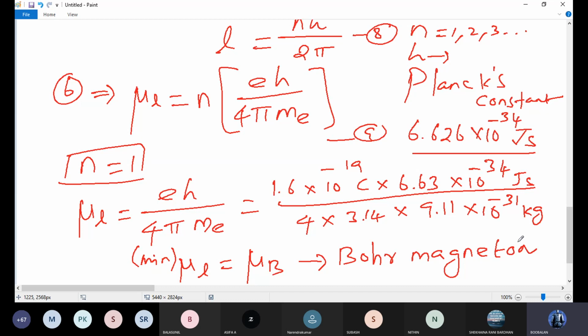Bohr magneton means it is a minimum value because the n value is 1. That one only is minimum, no? So it is a Bohr magneton.